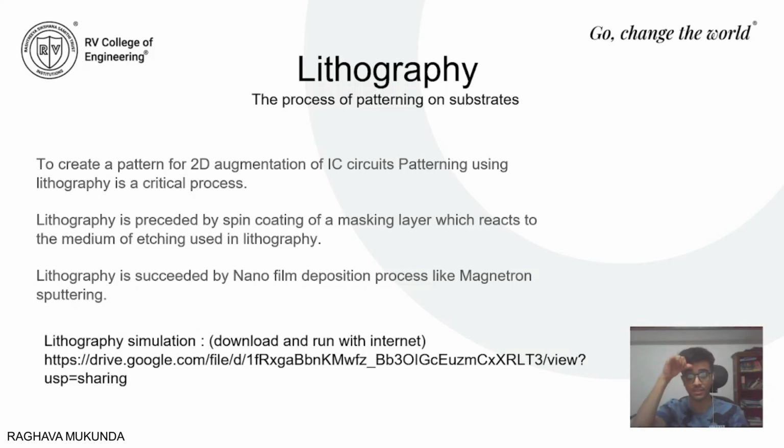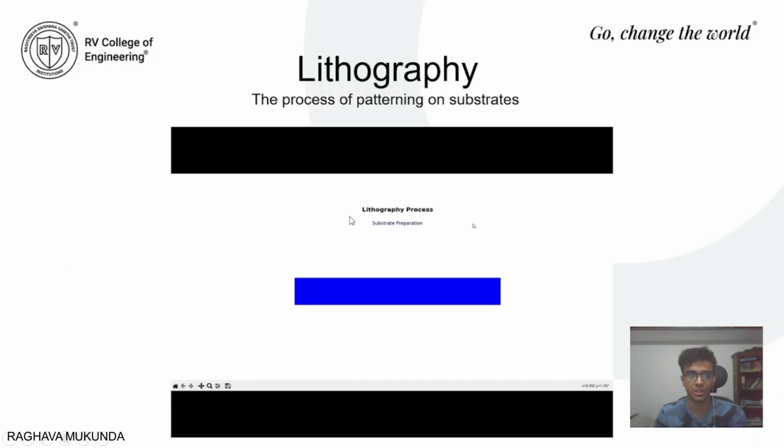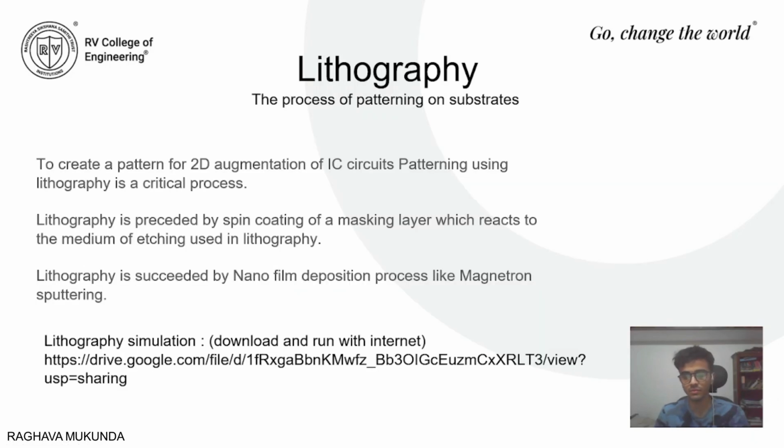Create 2D IC circuits and other sensor circuits. Lithography is a process of patterning on substrates, which is a top-down approach to nanomaterial fabrication used in the electronics industries. It is used to create IC circuits as well as other electronic circuitry such as sensor circuits.